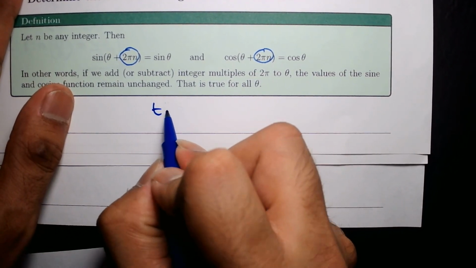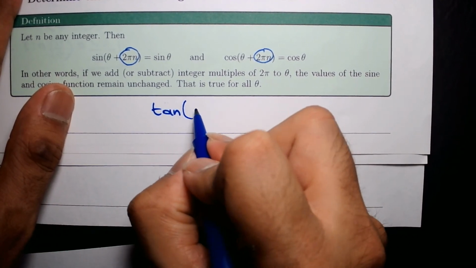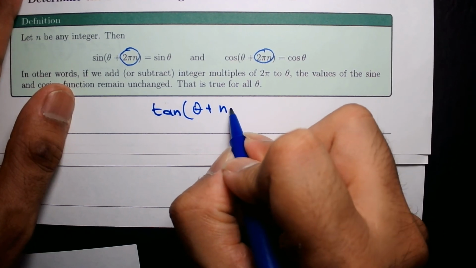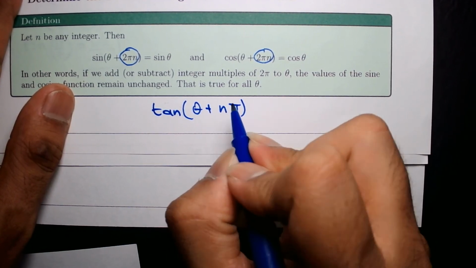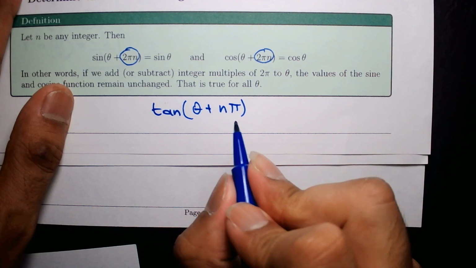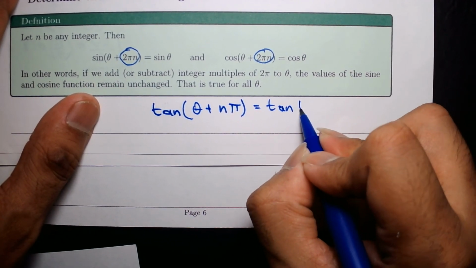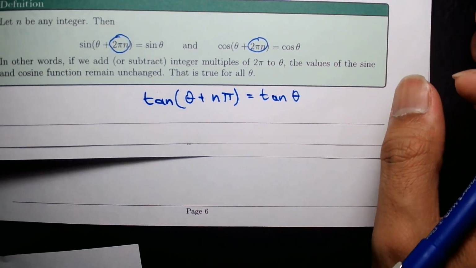However, the tangent function is periodic at n multiples of pi, whatever n is, whether odd or even, it doesn't matter. This is the same as tangent of theta, and that's how we're going to simplify this.